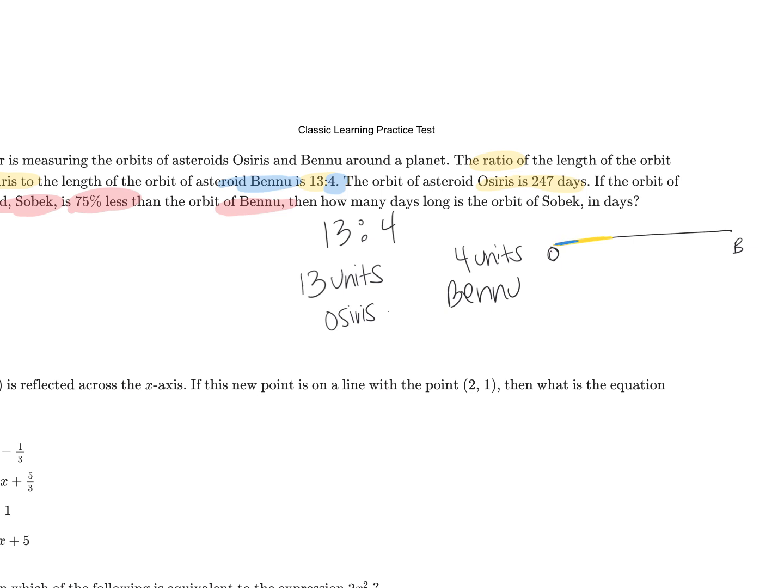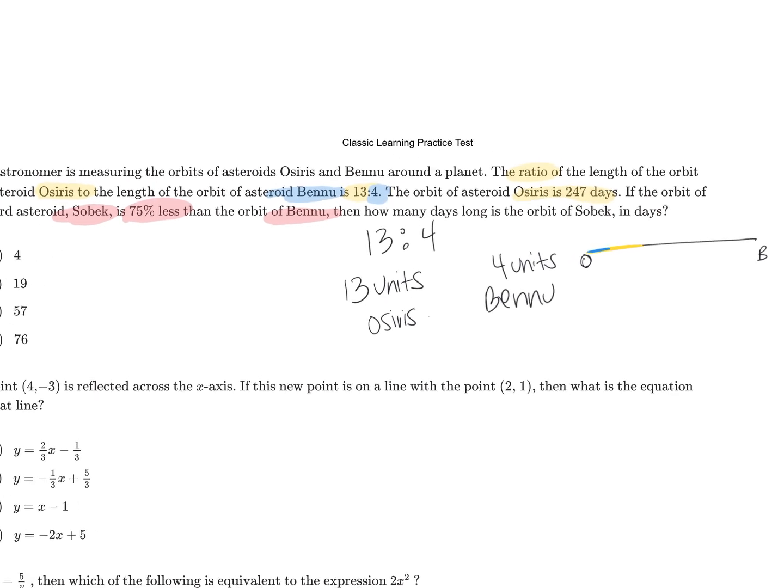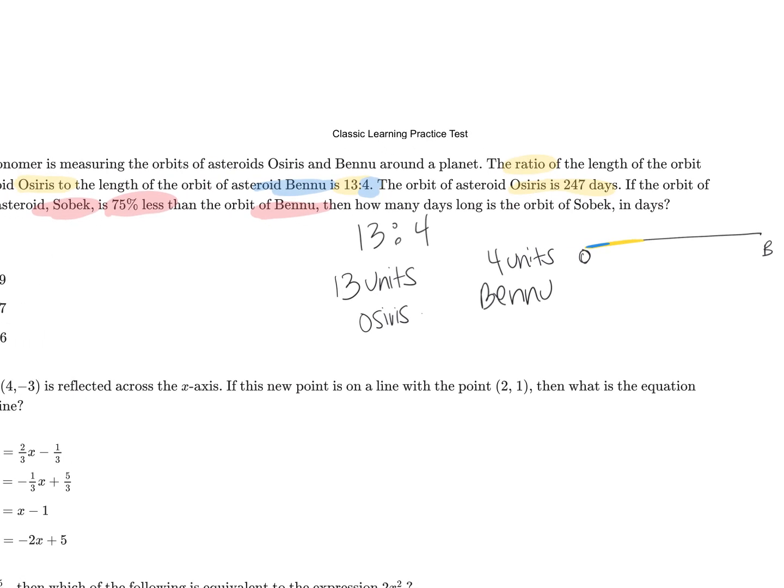Okay, so we can think of Osiris as like groups of 13. For every 13 units, Bennu is only going to take up 4. Now we're given the entire orbit. The orbit is 247 days. So orbits, it's actually traveling in a circle.